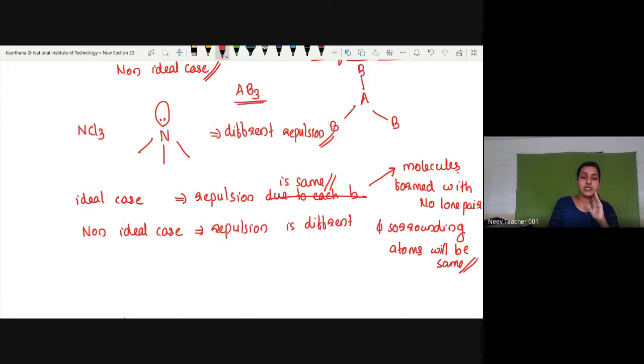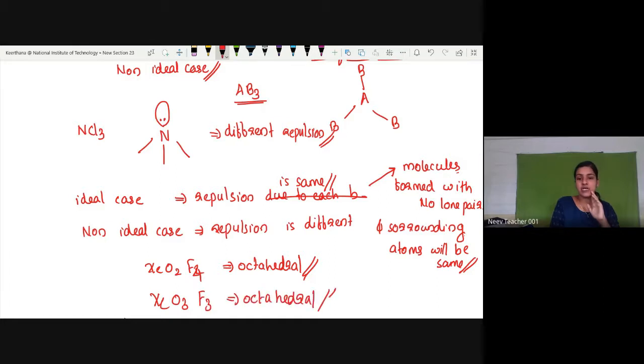Like if you are considering XeO2F4, it is also octahedral, but the atoms are not the same. Or XeO3F3, it is also octahedral, but there will be a bond angle difference because, due to the presence of double bonds, there will be repulsion differences between these bonds.